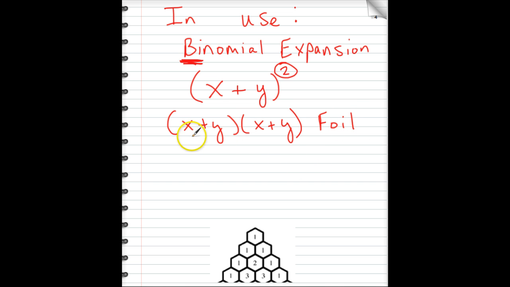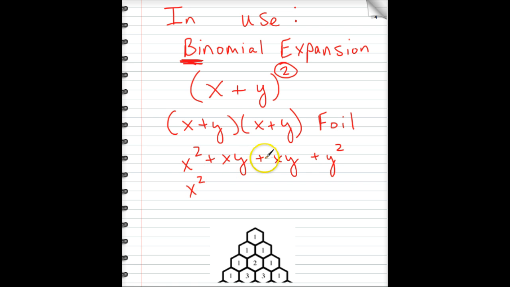So if we multiply the first terms in each parenthesis, x times x is x squared. The outside, you have x times y is xy. The inside is y times x, which is xy again. And the last is y times y, which is y squared. Combining like terms, you have x squared.